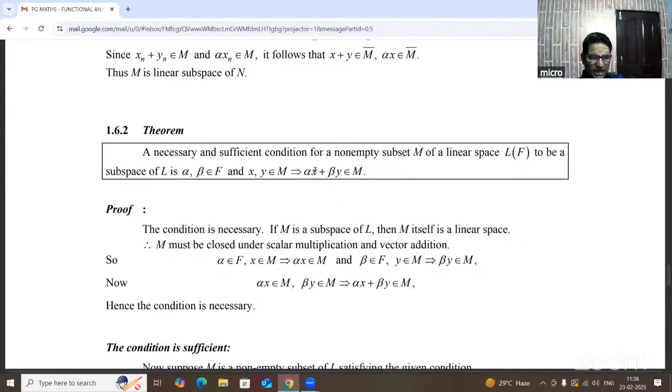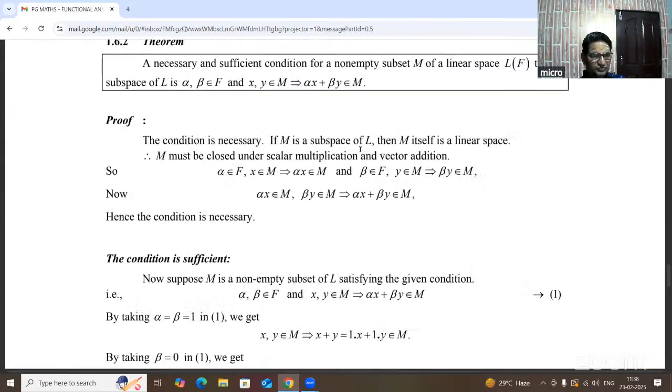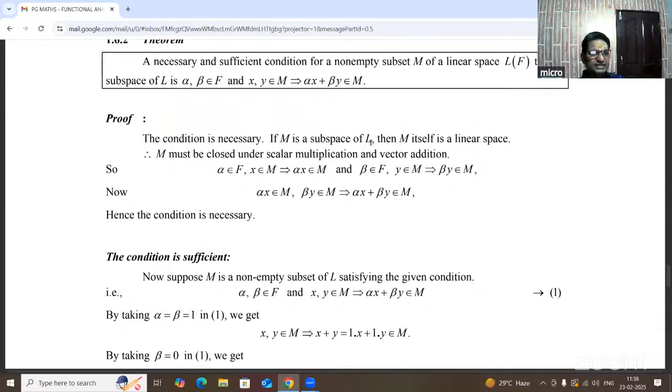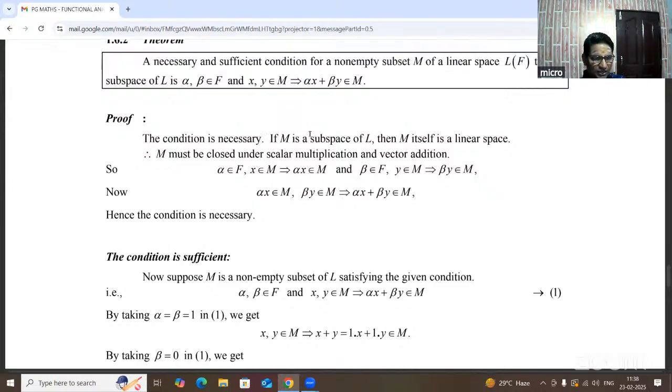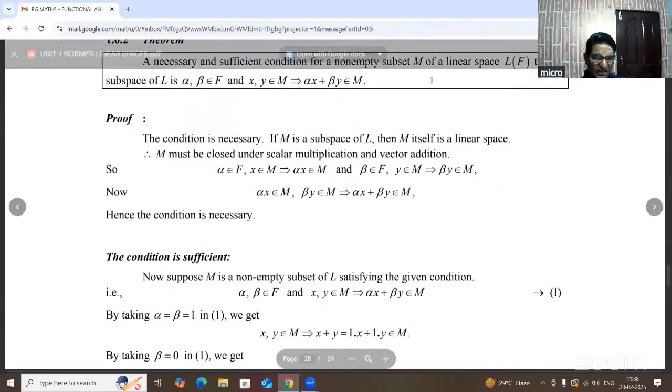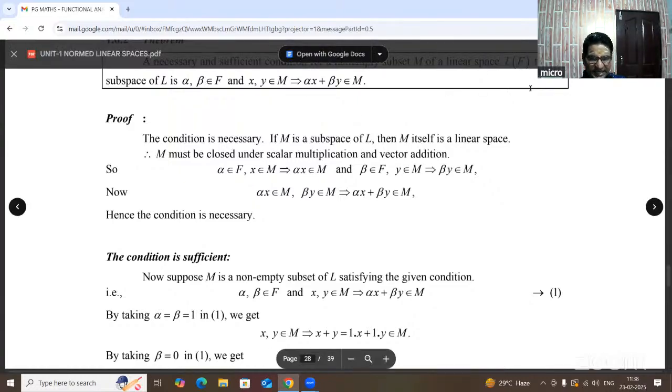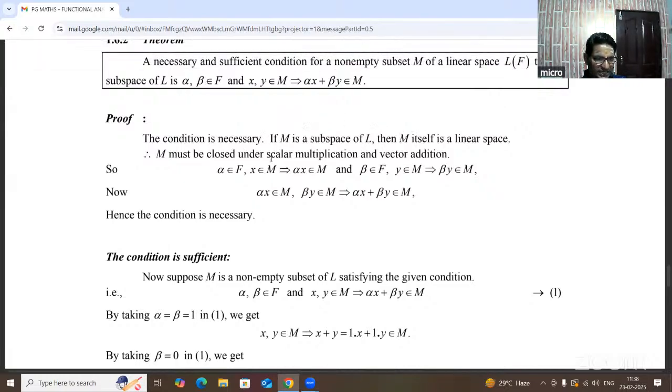So what is the one-step test for a subspace of a linear space? First of all, the necessary condition is proved here. Let M be a subspace of L. Directly we take the subspace of L. Then M is a subspace of L means, first of all, it is a linear space, and next, M must be closed under scalar multiplication.